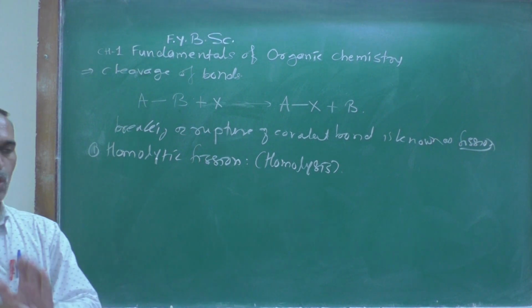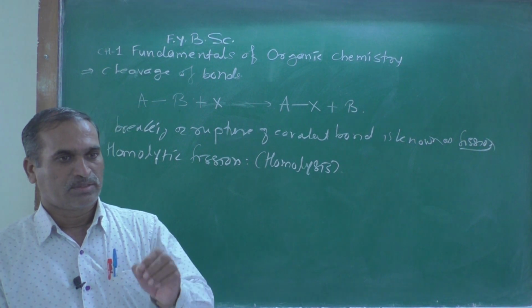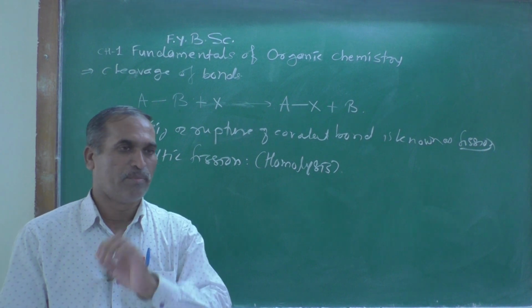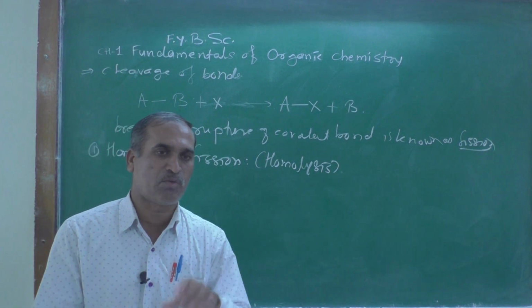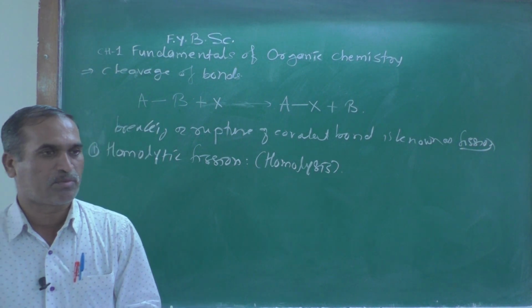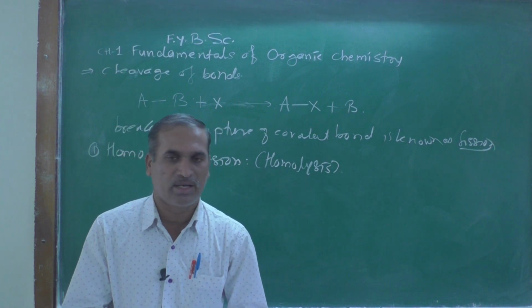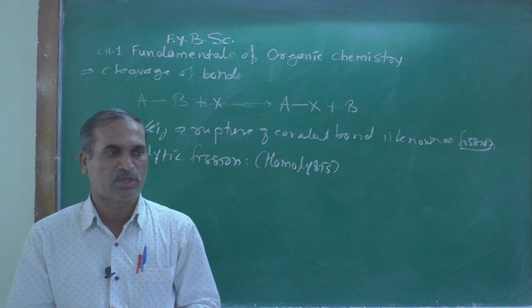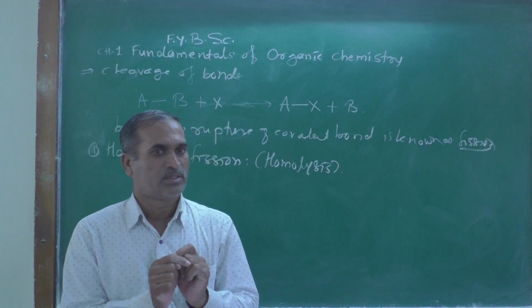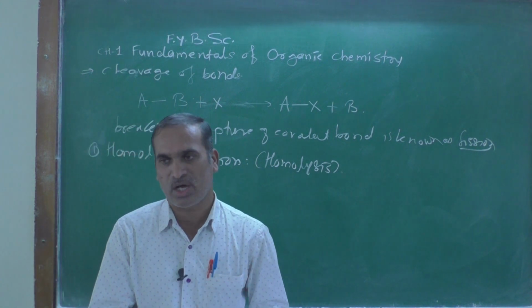In homolytic fission, the covalent bond is breaking symmetrically. As we know, a covalent bond is formed due to the sharing of two electrons.